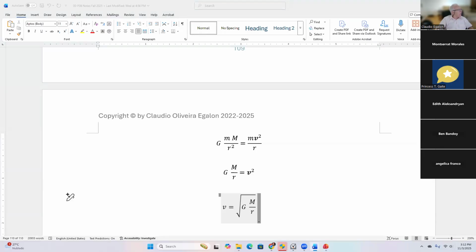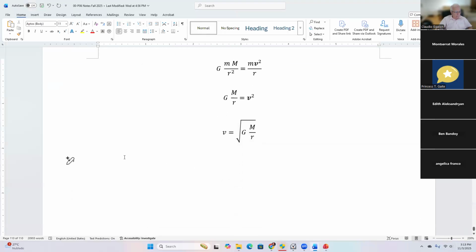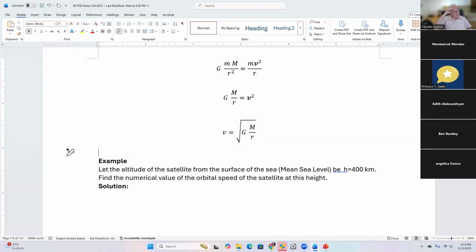Now we're going to go for another example in which we are going to apply numeric values for some specific satellites, so you can have an idea of the orbital velocity of satellites that are in orbit.